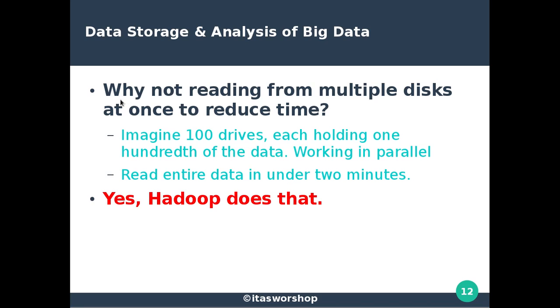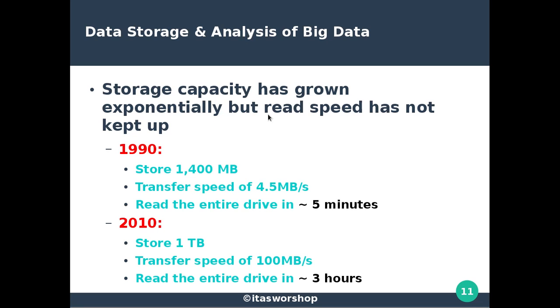So why not read from multiple disks at once to reduce time? In the last case, you saw that we are reading from just one disk. So instead of using a single 1 TB disk, why not use multiple disks which together contain 1 TB?